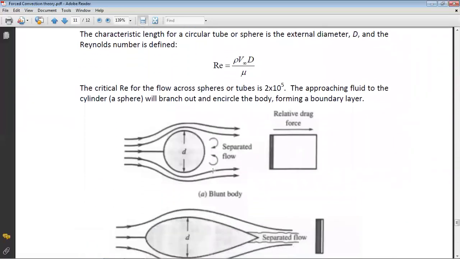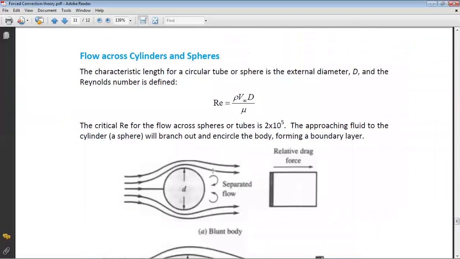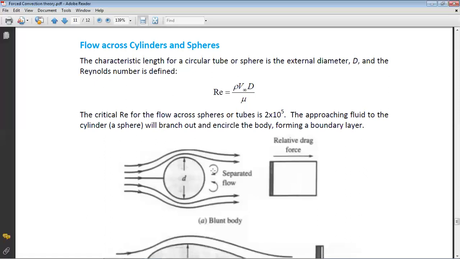Now, if you consider the flow over a cylinder or sphere, it will give you an idea about attached flow as well as detached flow. If the flow is laminar, it will wrap around the sphere or cylinder.